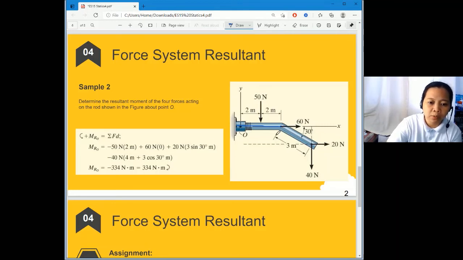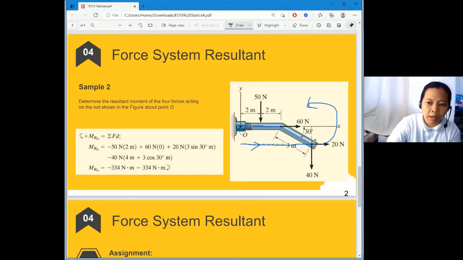That is why we will use 3 sine 30, and that is the arm. If you translate this 20 Newton force, this distance here is 3 sine 30 degrees. And it is counterclockwise because it will rotate this way.